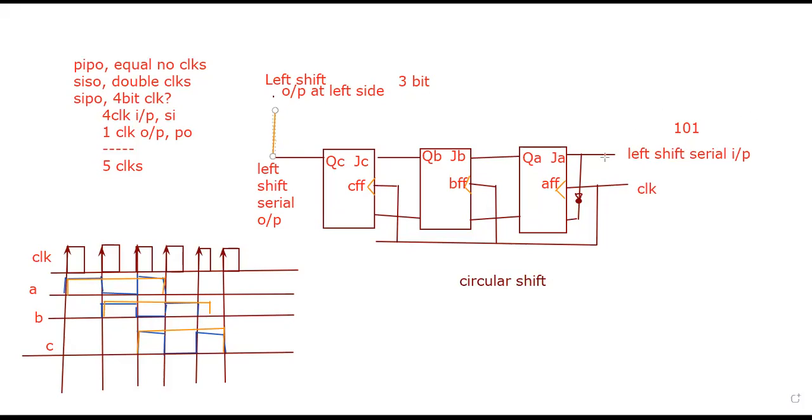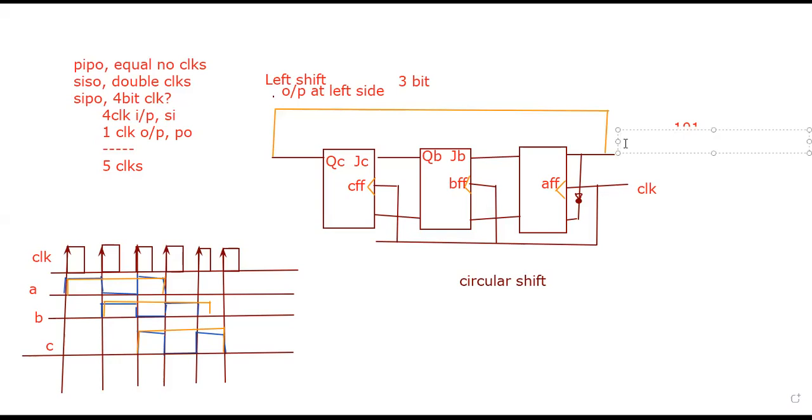This output would be provided to the first flip-flop as input, and in this case I have to forget this particular thing. So we have to say circular shift.